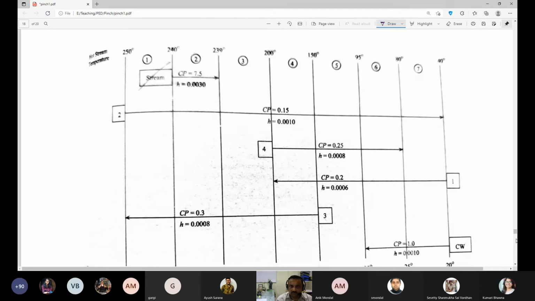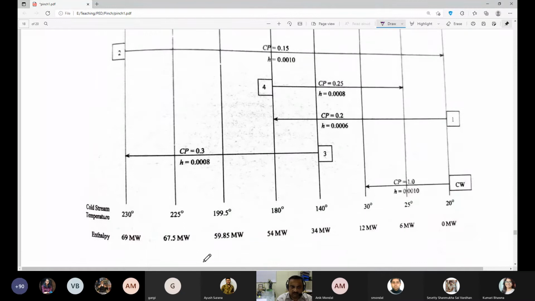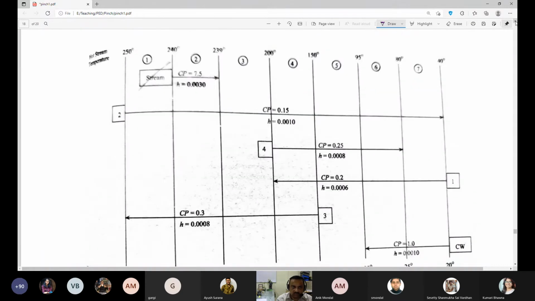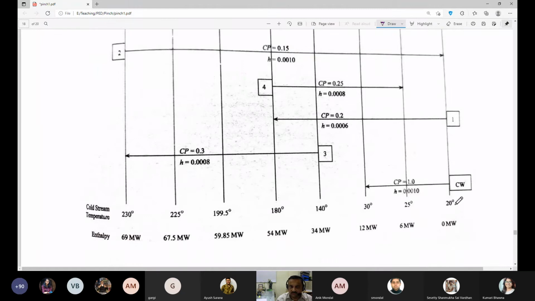Now we have to draw these. So again, we go to that grid type diagram where you have the temperatures given. These are all exact temperatures we have. Now we note these are the hot stream temperatures, 250, 240, 239, all the way going to 40, and these are the cold stream temperatures, 20 all the way to 230.